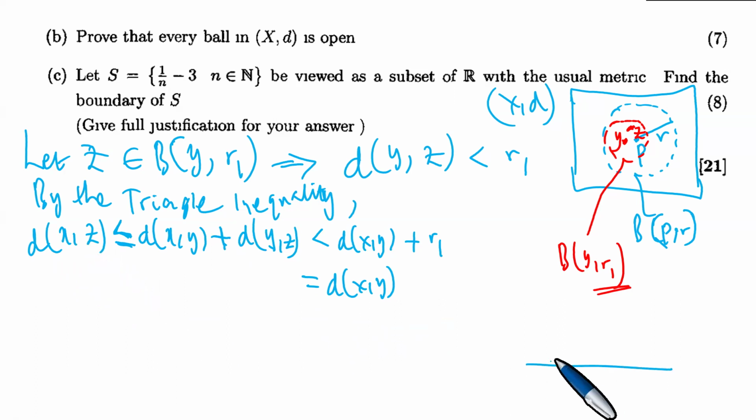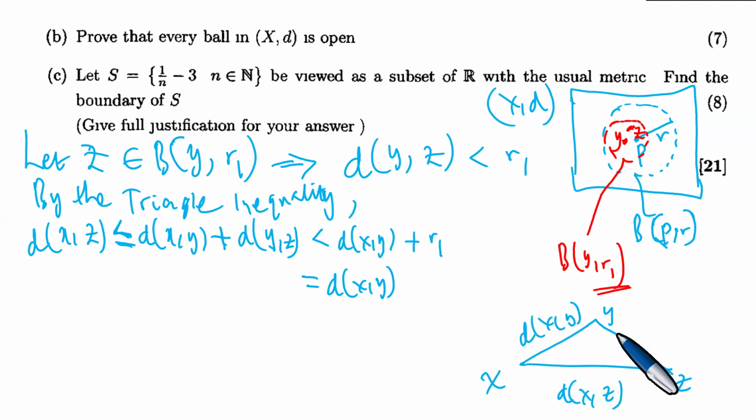So that now you have X, Z, and then Y. These are points. And then you find the distance between X and Z. This one is the distance between X and Y, and the distance between Y and Z. And we're then saying the distance between X and Z is generally smaller than the sum of the distances of the other two sides.